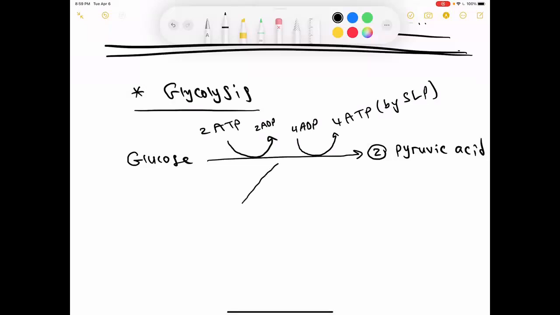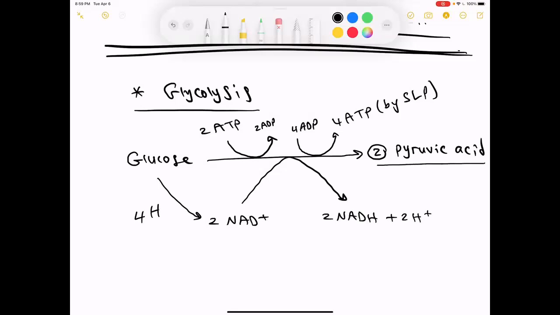We also said you have 2 molecules of NAD+, and they become 2 NADH and 2 hydrogen ions. And the glucose essentially loses the 4 hydrogen. I wrote that summary yesterday. The only difference is I said now pyruvic acid.